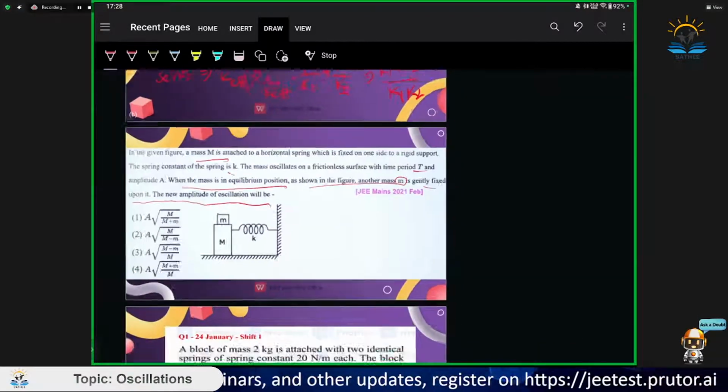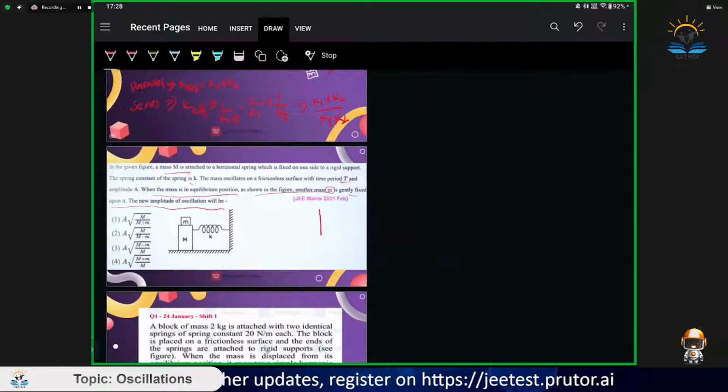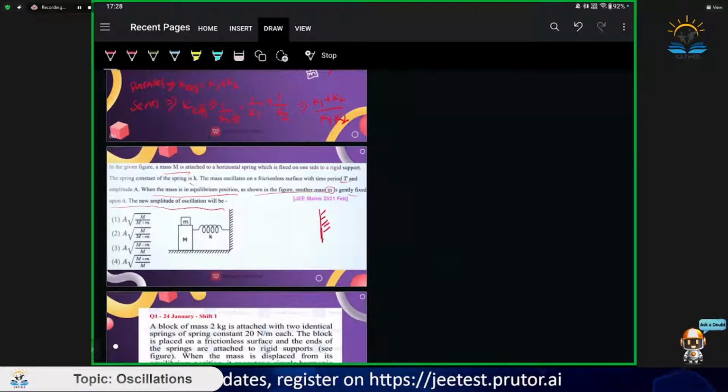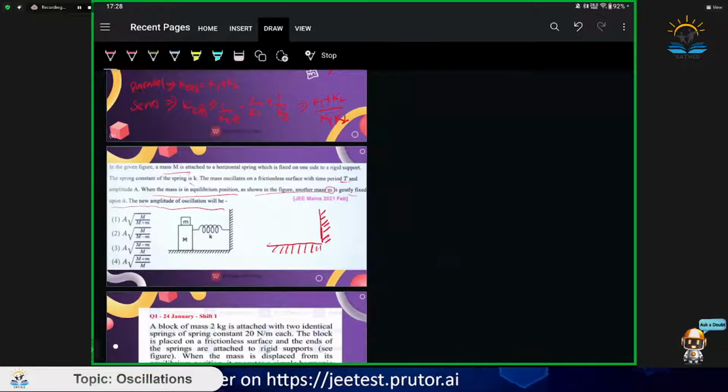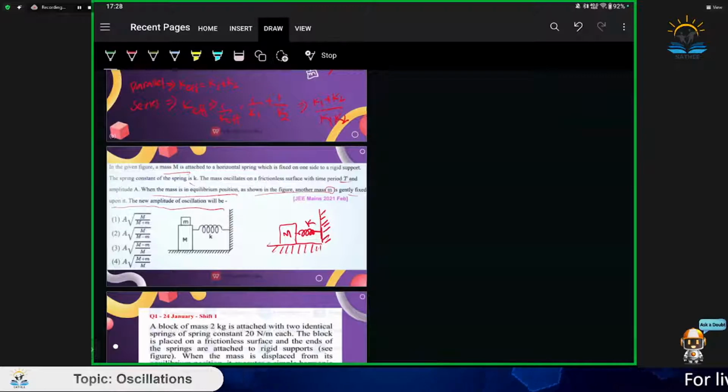At the first condition, when only the capital block is at equilibrium, there is no small m, right? So in the first situation, capital M block is here and K is here. At equilibrium, at x equal to 0, this block has a velocity A omega.